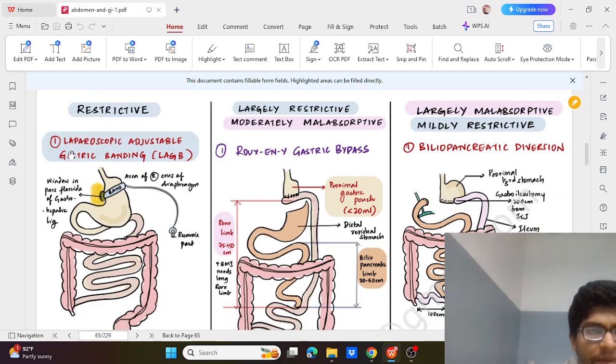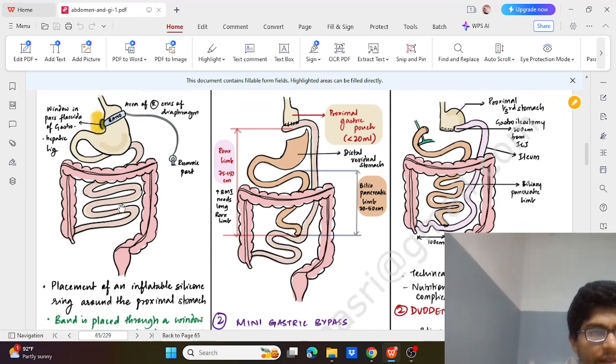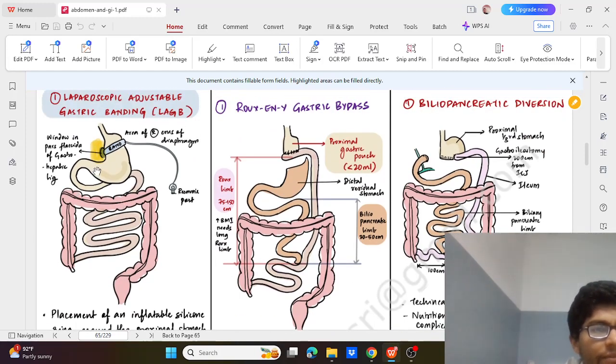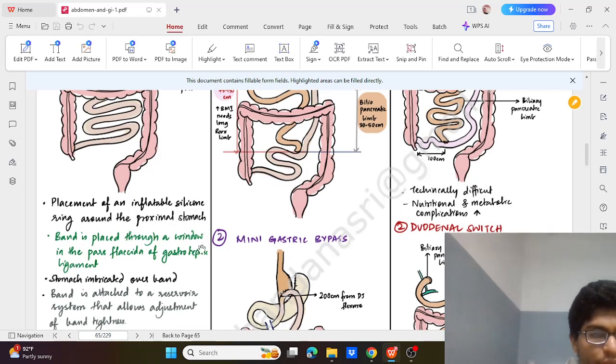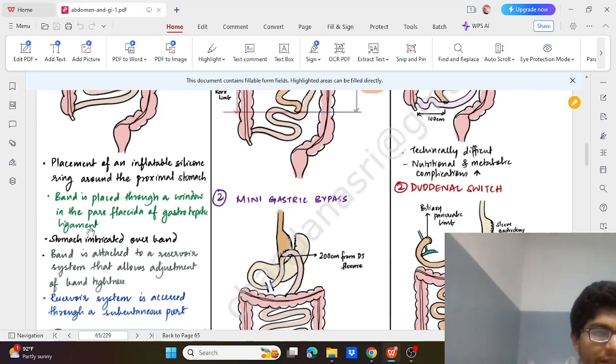So restrictive. In restrictive we have laparoscopic adjustable gastric banding, LAGB. Here we will apply a band in the stomach which will be controlled from the reservoir port. There is a placement of an inflatable silicone ring along the proximal stomach, and the band is placed through the window in the pars flaccida of the gastrohepatic ligament.